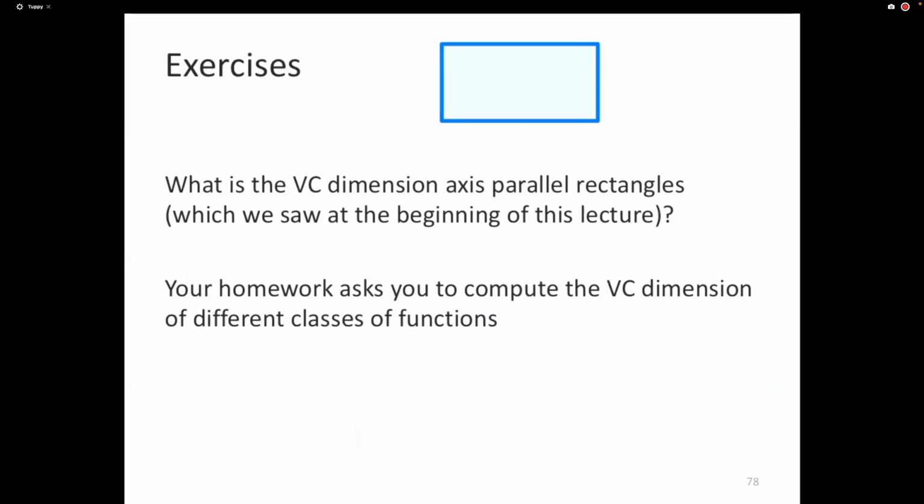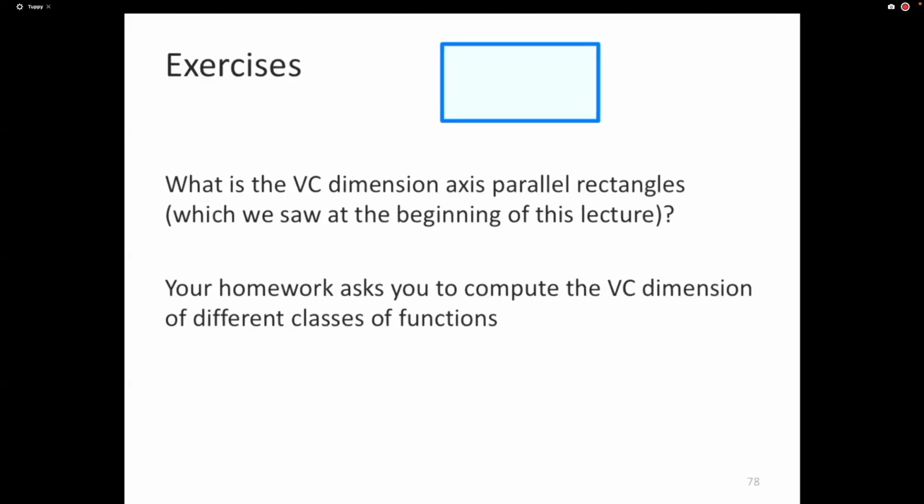You can ask what's the VC dimension of axis parallel rectangles. In fact, I did ask that in the homework. So think about how you might go about proving it. Every VC dimension proof has a lower bound and an upper bound. The lower bound just tries to find some configuration of points that can be shattered. The upper bound tries to show that no matter how you configure points in the plane, it cannot be shattered.